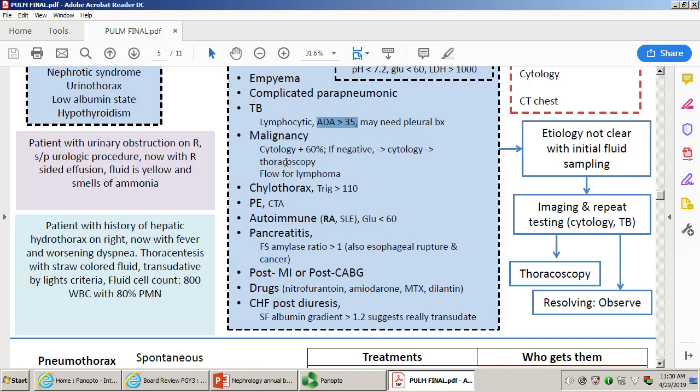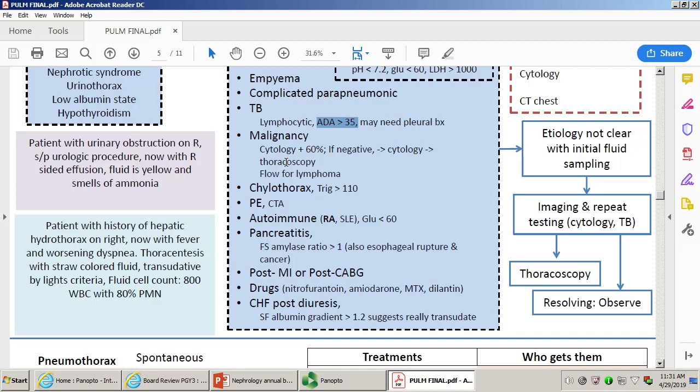PEs can really straddle both sides. So a PE can give you a transudative or an exudative pleural effusion. Autoimmune causes, RA can cause anything. Remember that a low glucose can be suggestive of RA. What else? The other thing to point out here is the last one, the CHF post-diuresis exudate.